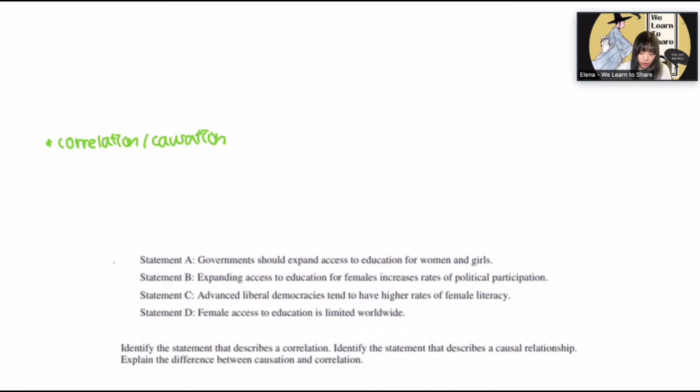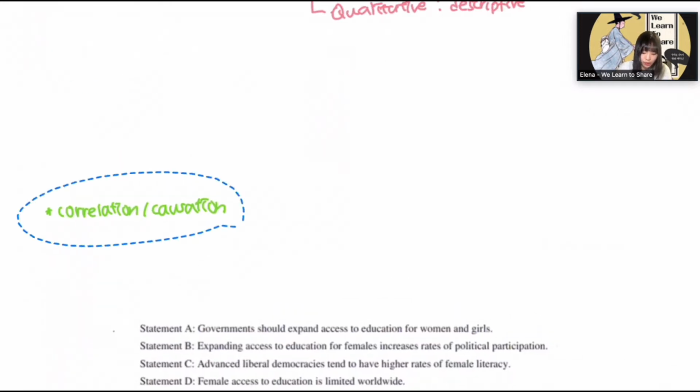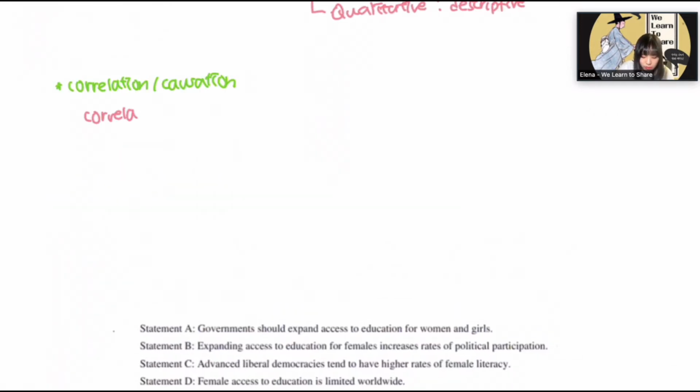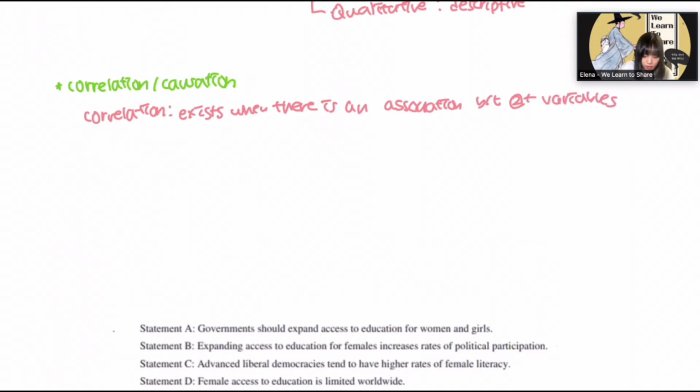Now we're going to move on to the correlation and causation part. You say that correlation exists when there is a certain kind of association between 2 or more variables. And causation exists when there is a cause and there's an effect, right?